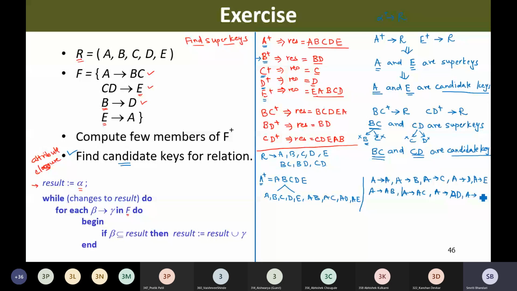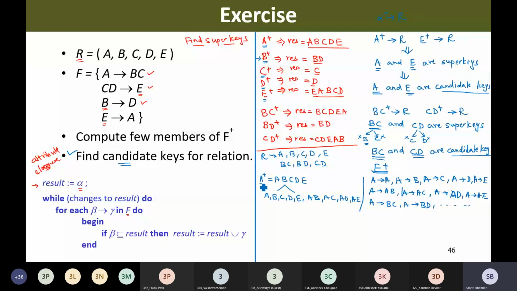What else? I may say A determines BC, A determines BD, and so on. So lots of functional dependencies we can have in our F plus now. These functional dependencies are found by making use of this A plus.